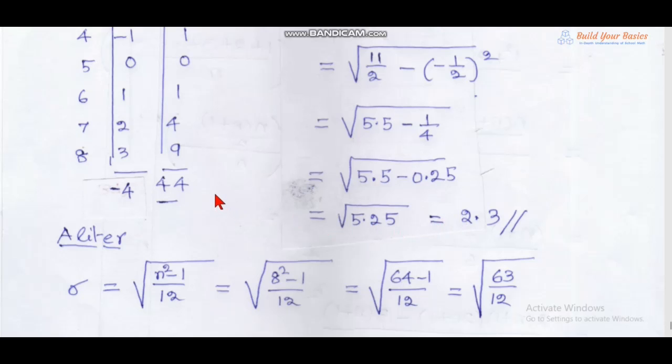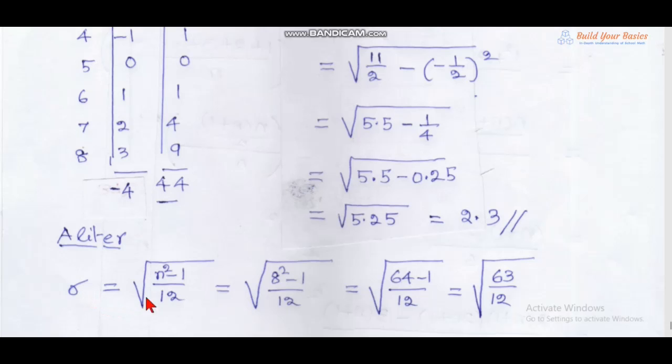Alternative method of doing the problem. We have the formula derived, sigma equal to square root of n squared minus 1 whole divided by 12. This formula gives the standard deviation of first n natural numbers.